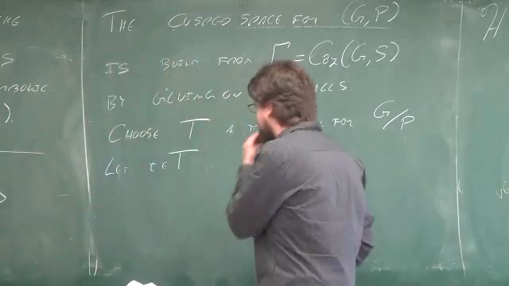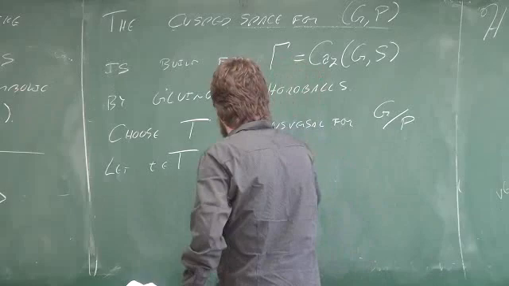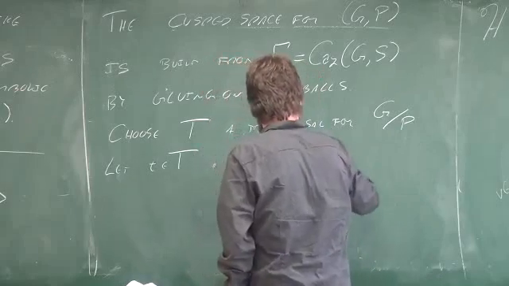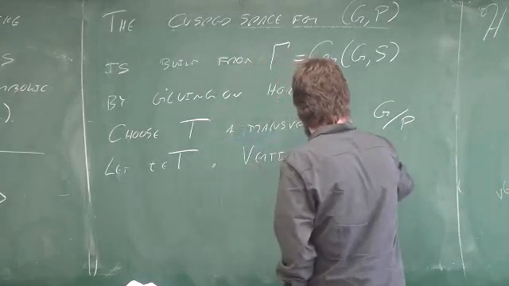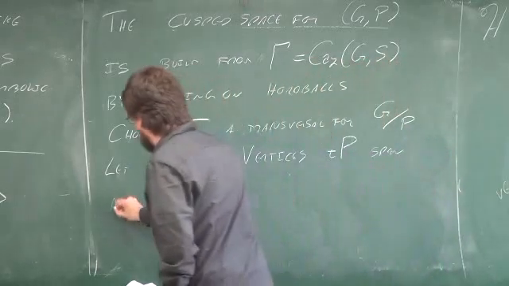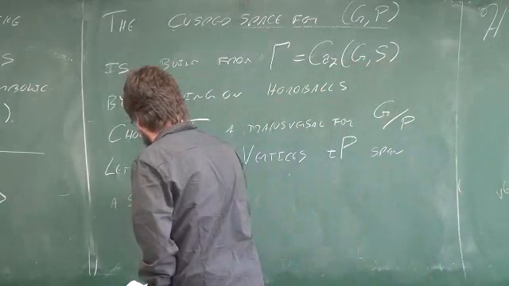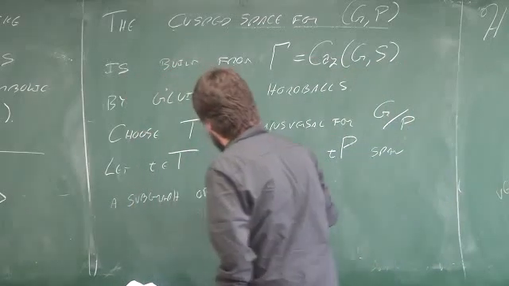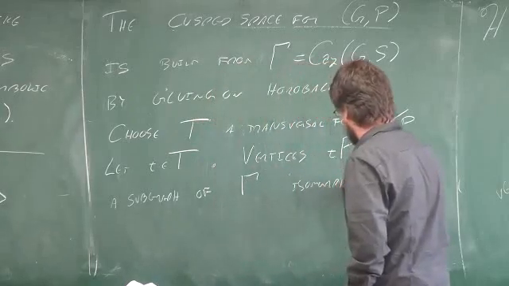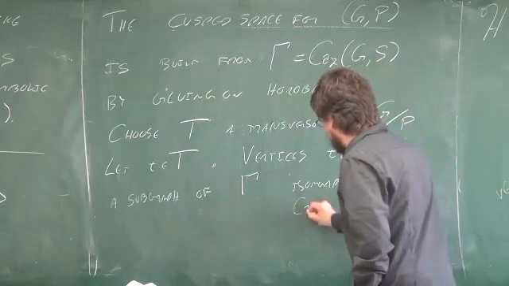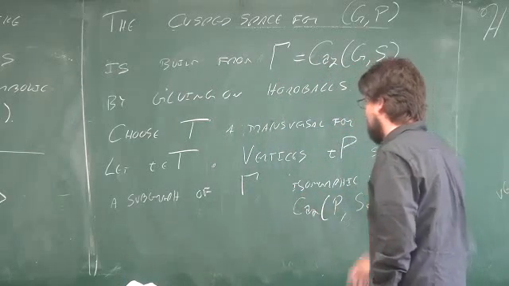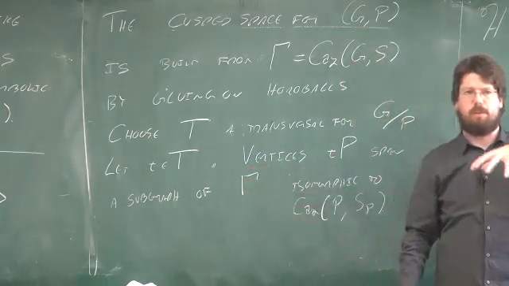So I let capital T be the transversal, and I look at the vertices. The vertices T·P span a subgraph of gamma isomorphic to the Cayley graph of P with respect to the generators S sub P. Okay, so that's certainly true if I pick the trivial coset, right?